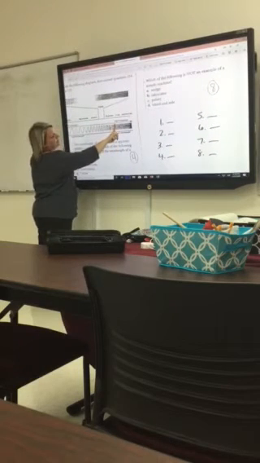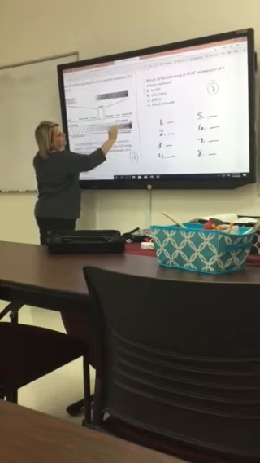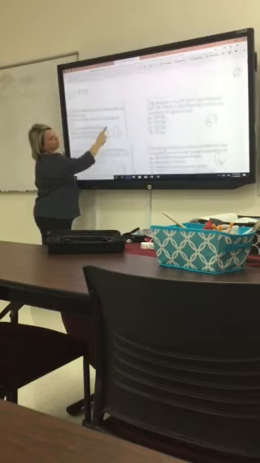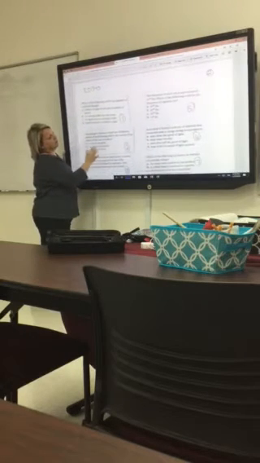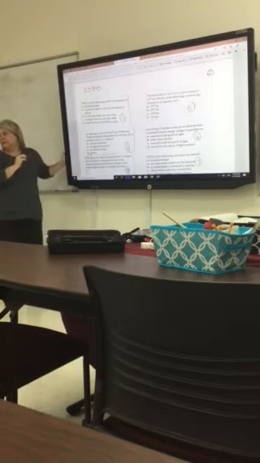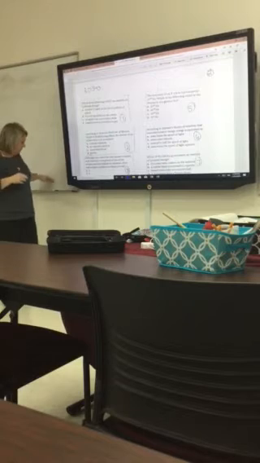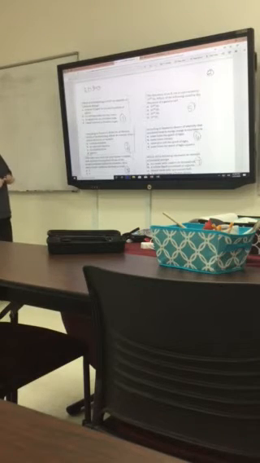Since a gamma ray is to the right, it needs to be bigger than 10 to the 18th. There's only one answer that's bigger than 10 to the 18th, and that's 10 to the 20th. So the key is, use the tools that they have, the charts that they give you.